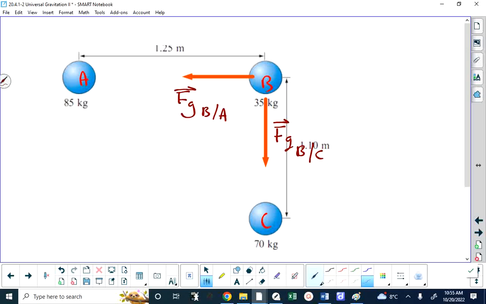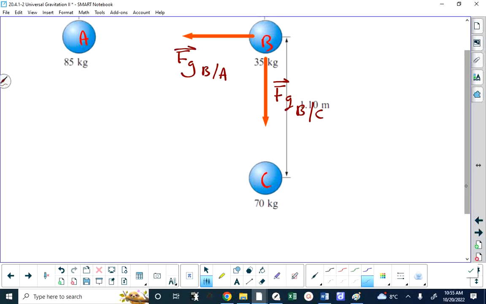The only thing is we're not going to add the numbers because these forces are not in the same direction. We're not going to subtract them because these two forces are not in opposite directions. You're going to draw them tip to tail.